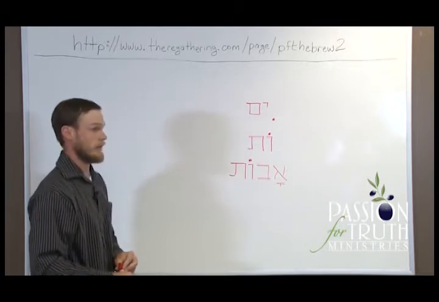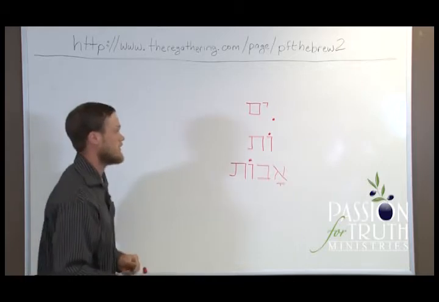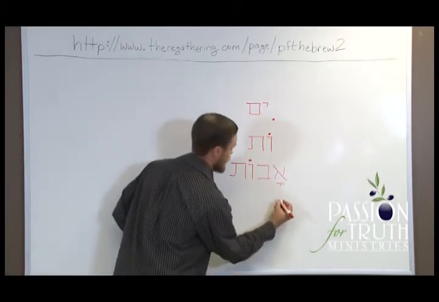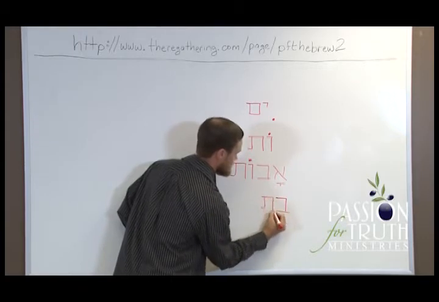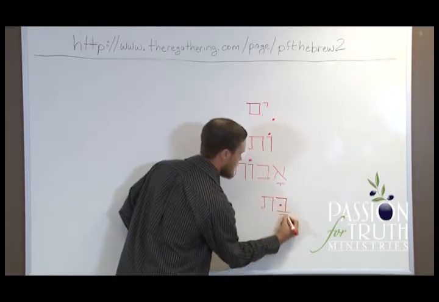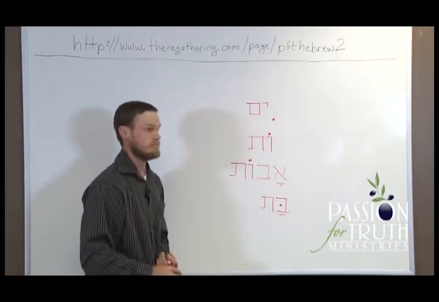There's also another kind of irregularity in plural forms, which is that the spelling of the word will actually change. So the Hebrew word for daughter is bat. Okay, bat is a daughter. It's a feminine noun, as we would expect.